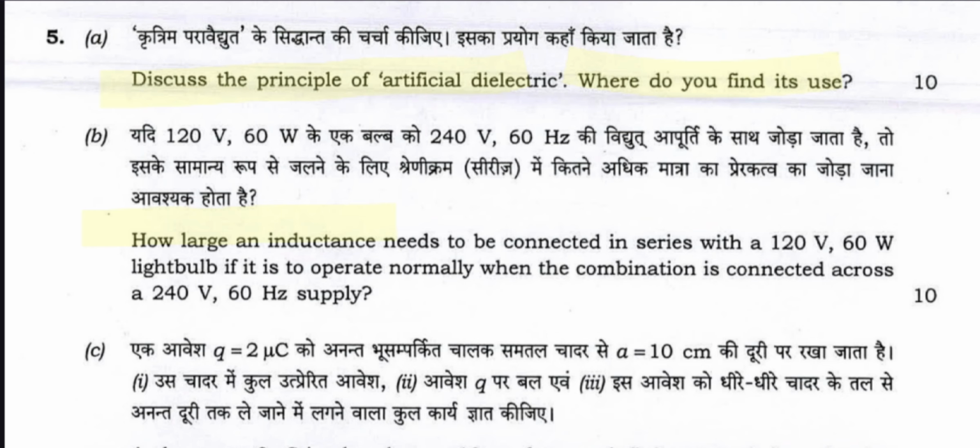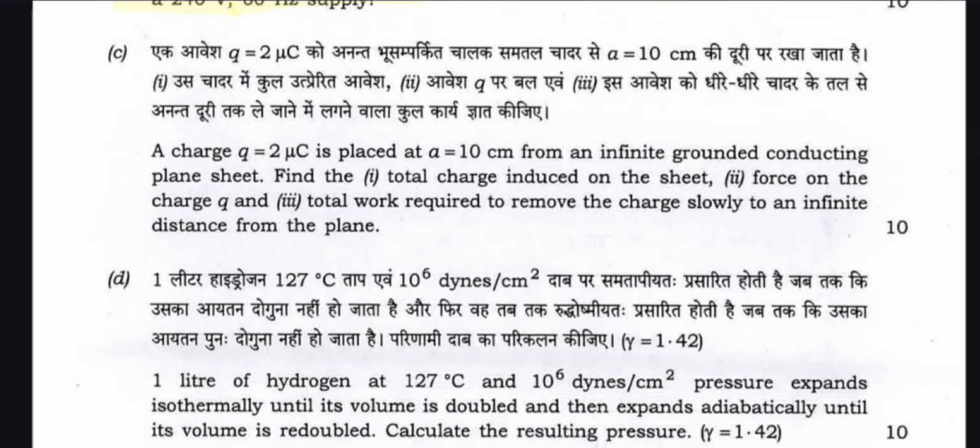How large an inductance needs to be connected in series with a 120 volt, 16 volt light bulb if it is to operate normally when the combination is connected across a 214 volt 16 hertz supply. And question number 3 is here.